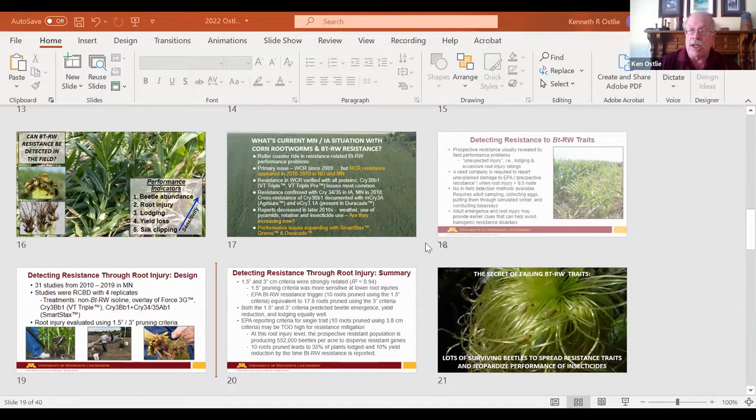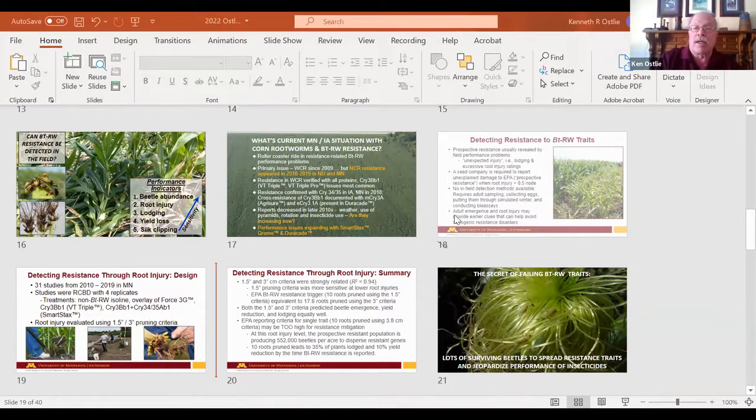Getting a relative idea allows us to partition fields into three categories: the ones that we want to keep a close eye on because they're borderline for a significant population, those that we don't need to worry about, like you were mentioning, and the ones that are very obviously producing high numbers of beetles and have high levels of potential root injury. That would be the goal with the scouting.